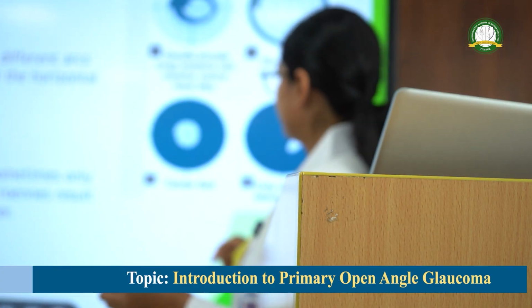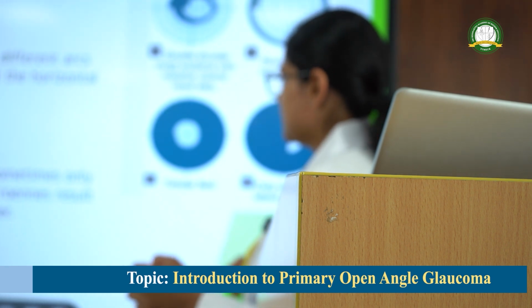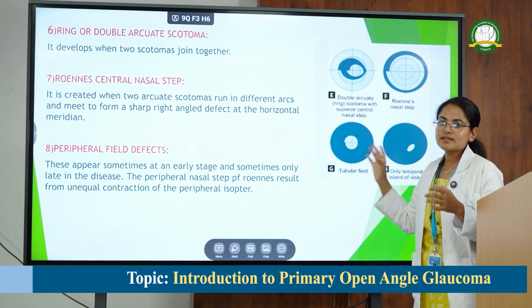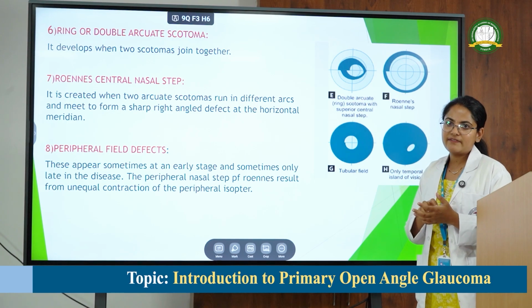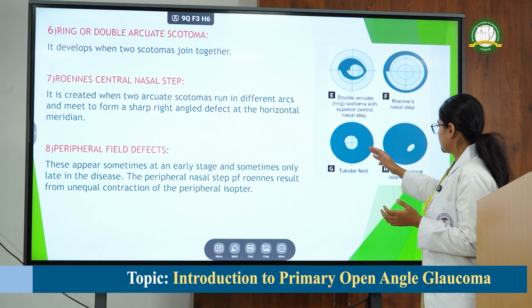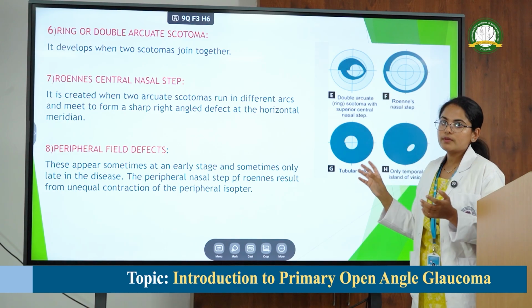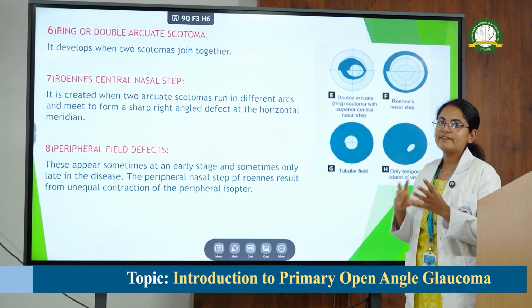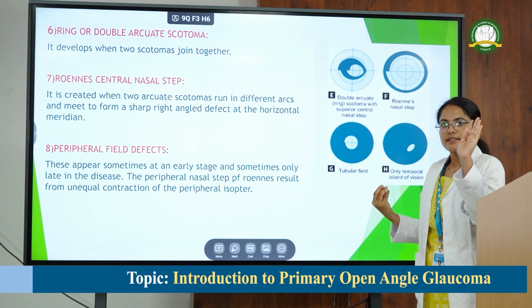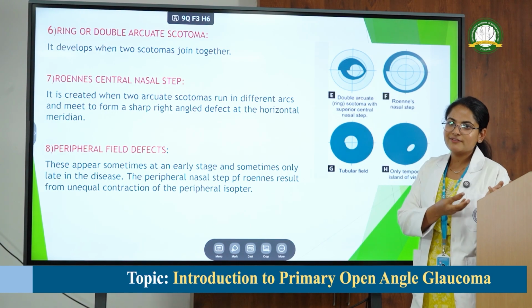Then there is peripheral visual field defect. So lastly what will we have? Tubular vision, because lastly which fibers will be affected? Here in the visual field, if nasal fibers are affected, the visual field defect is seen in the temporal visual field.